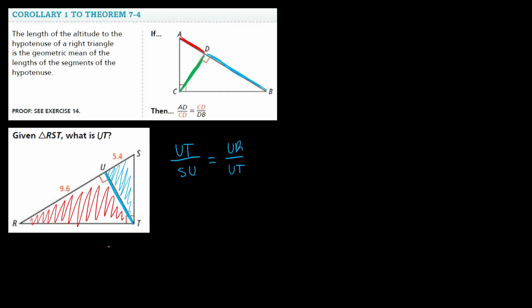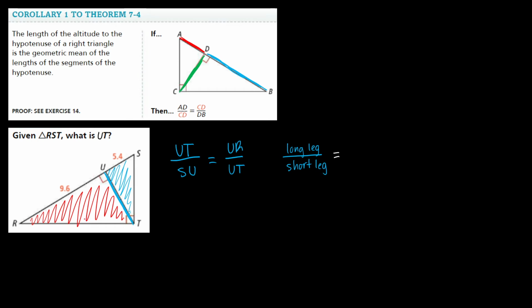So in the smaller triangle, we are looking at the ratio. UT is the long leg. So the ratio of the long leg to the short leg, because that's UT over SU. And we are comparing it to the ratio of UR over UT.